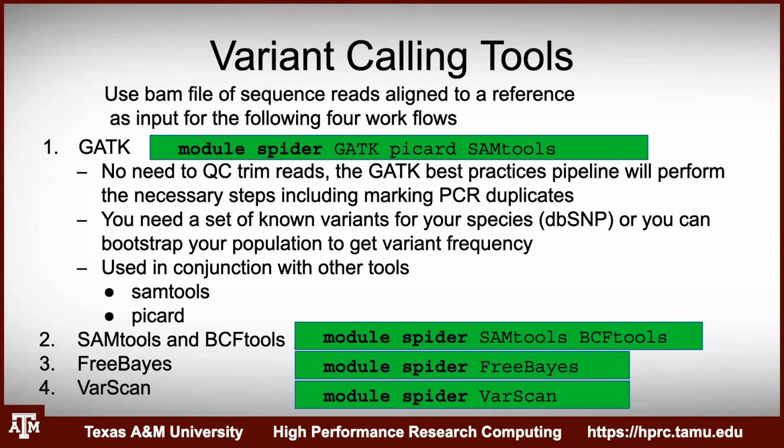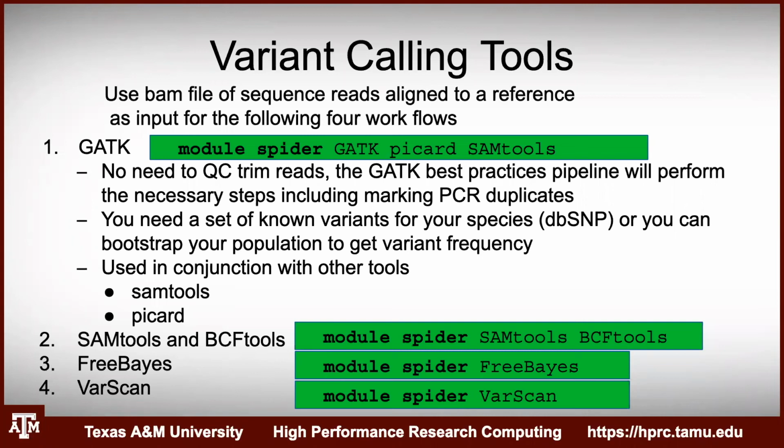You may need a set of known SNPs from your species. If you're working on something like human or mouse, or rat, or even Arabidopsis, something that's common, those database SNPs are available. If you're working on something more novel, you'll have to generate one of these. Essentially, you call your variants and then cycle through and bootstrap and get all the variants that are correct.